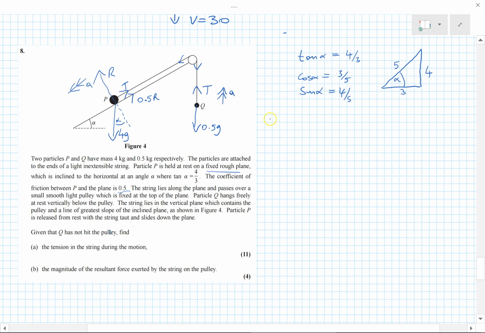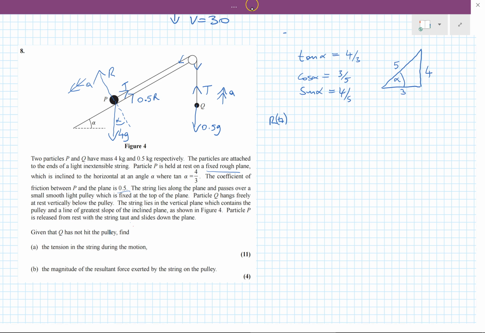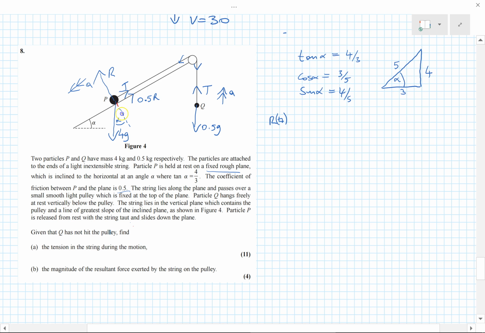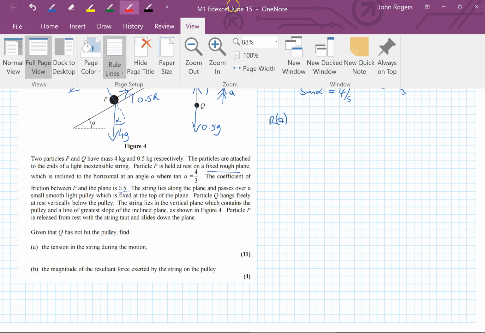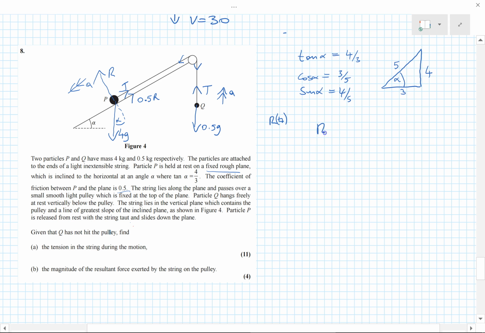So let's resolve perpendicularly to the plane first, and that just gives us the force perpendicular to the plane here. We've got that component there, because next to the marked angle is cos, so that component there will be equal to 4g cos alpha, which will be balanced with the R here.